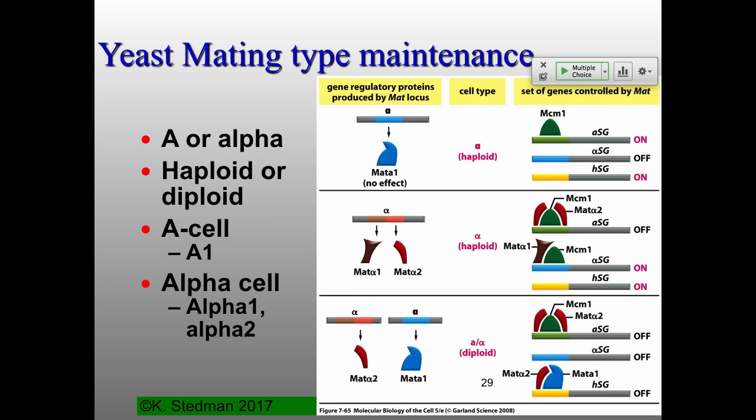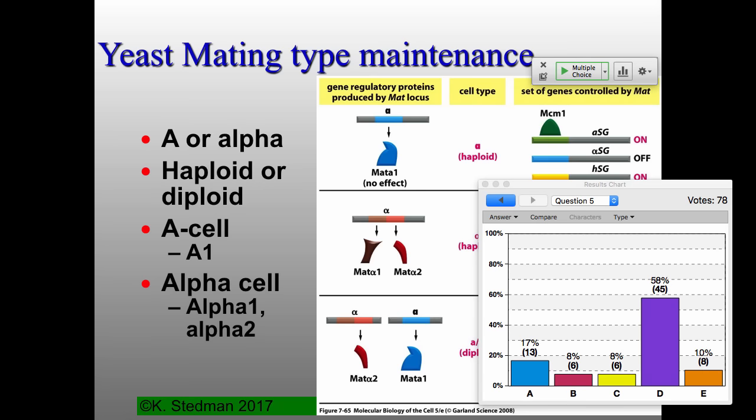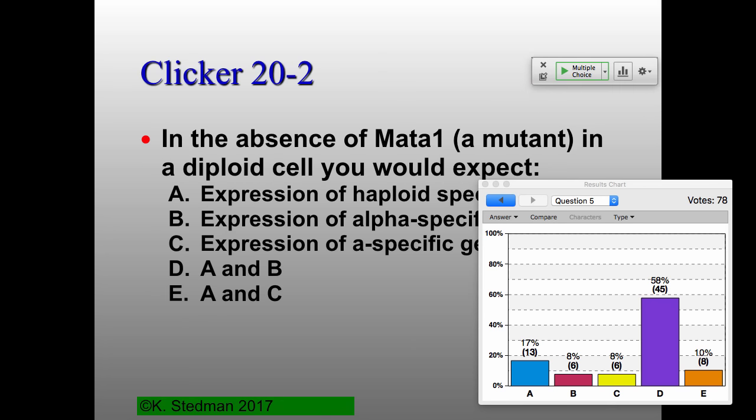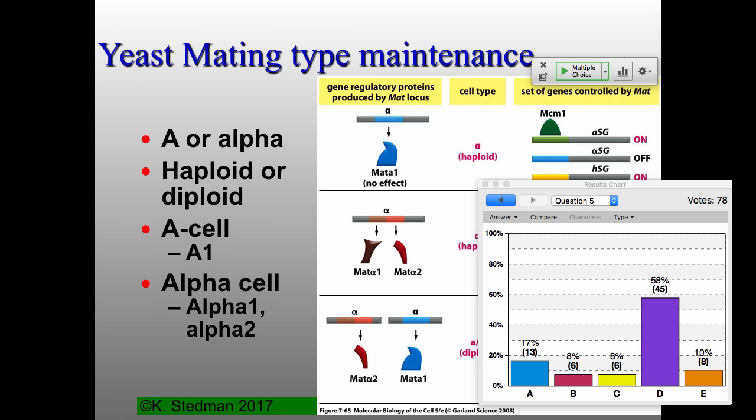Okay, I'm actually going to go back one here before we look at the results. Expression of A-specific genes is or haploid alpha-specific. So if we go here, now I'm going to try and move this out of the way. It'll be a little bit easier to look at here.